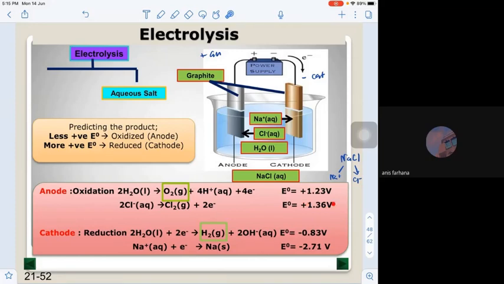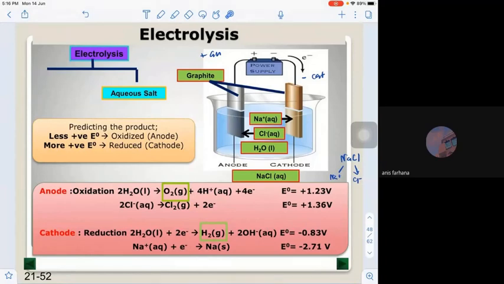So chloride will go to the anode to be oxidized. At the same time, we know that it is aqueous, so we also have H2O in our electrolyte. So the H2O also can go to the anode to be oxidized.